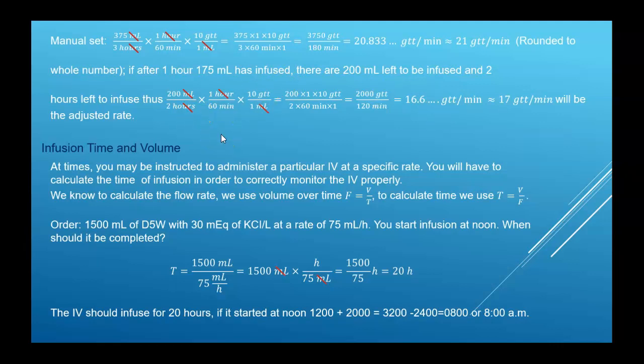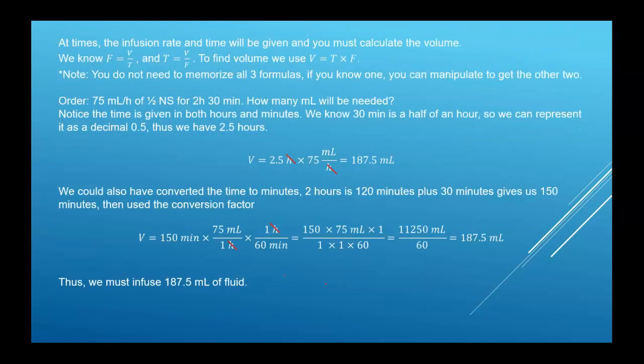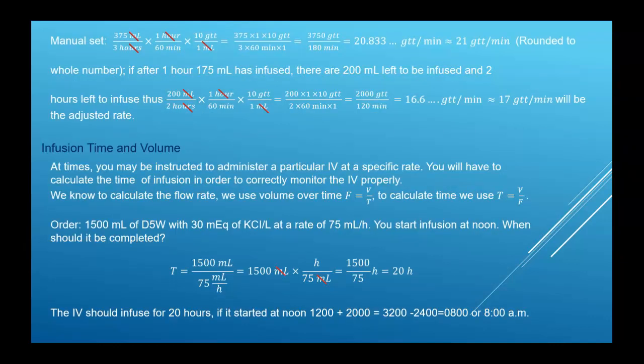So infusion time and volume. We have flow rate, we have infusion time, we have volume. To find the flow rate, it's volume over time, which is the infusion time. So in this formula, we need F, V, and T. To find the flow rate, we have volume over time.